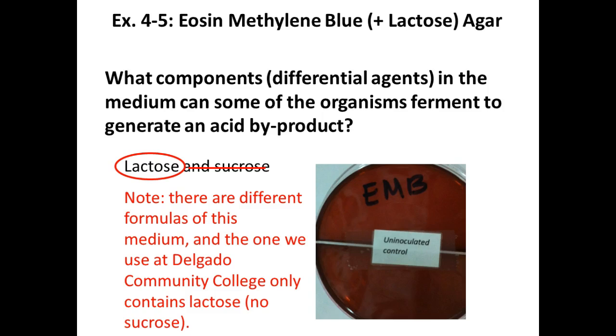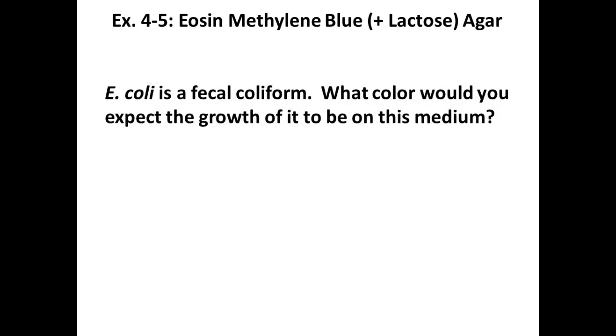There's different formulas you can buy of eosin methylene blue, right? The one we use just contains lactose. So we'll only know if it's a lactose fermenter. Anybody remember what sugar was in our phenol red tubes? Glucose. So E. coli is a fecal coliform. What color would you expect the growth to be on this media?